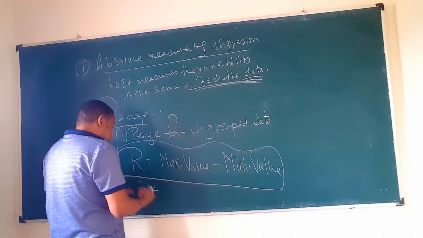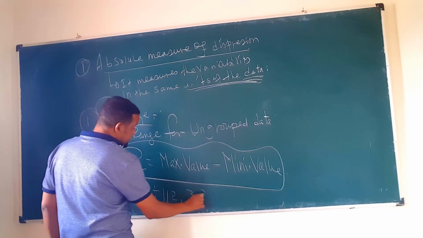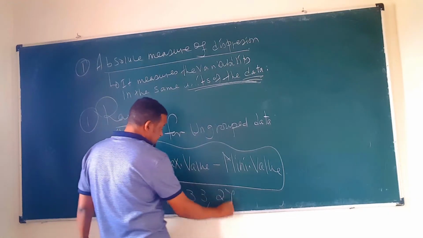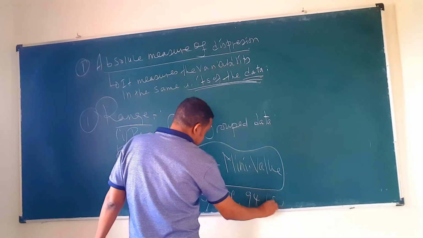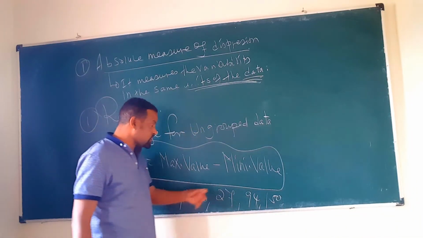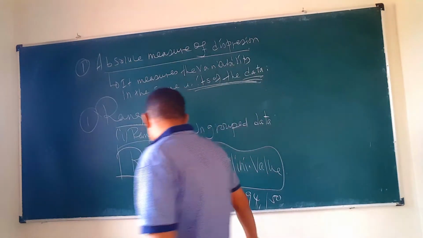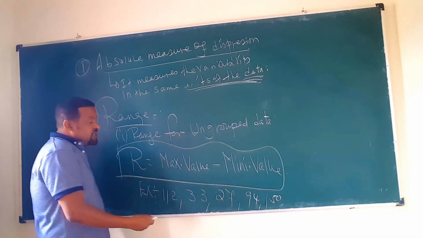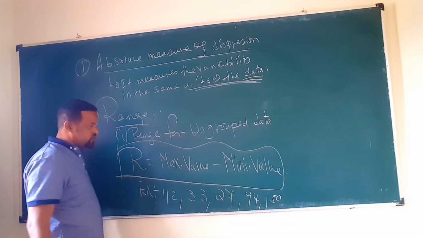Say for example, if you have been given such data, say 112, 33, 27, 94 and 150, some data collected from some survey. Okay, so what is the range? And these data are ungrouped data. They are not arranged in a frequency distribution table.